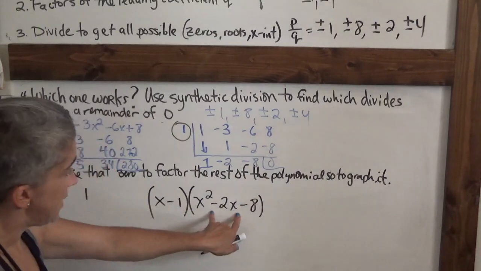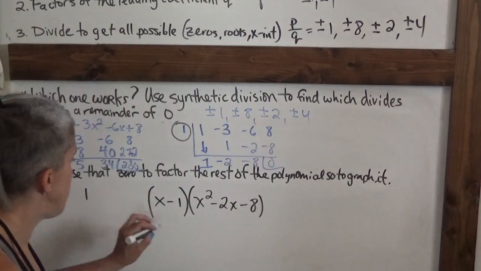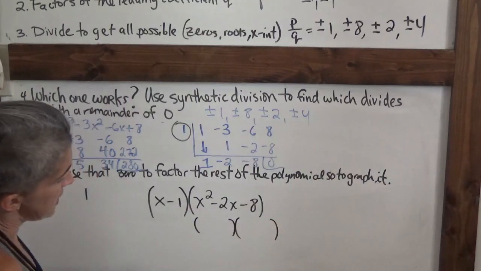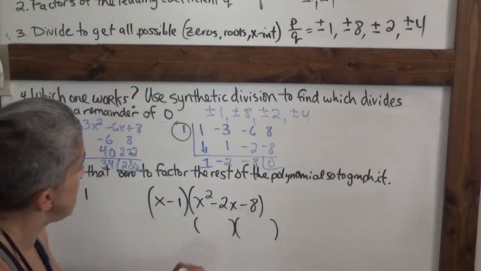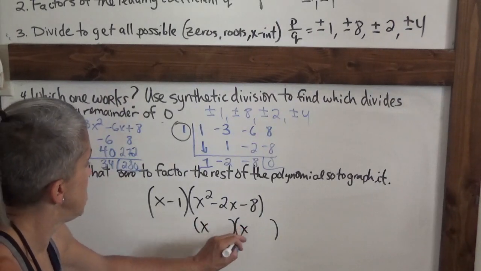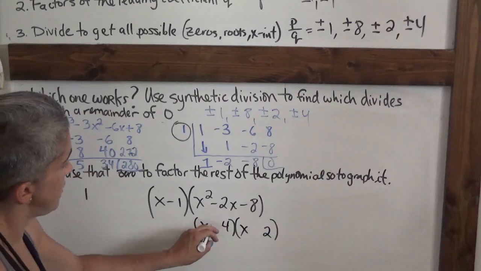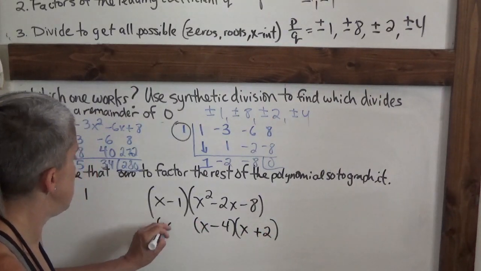Now, you see what's left? We should be able to factor that. So how do we factor this trinomial? We want the factors of negative 8 that add to give me negative 2. So that would be 4 and 2. Which one's going to have the negative? The 4 is, and the 2 is plus. And this comes down.